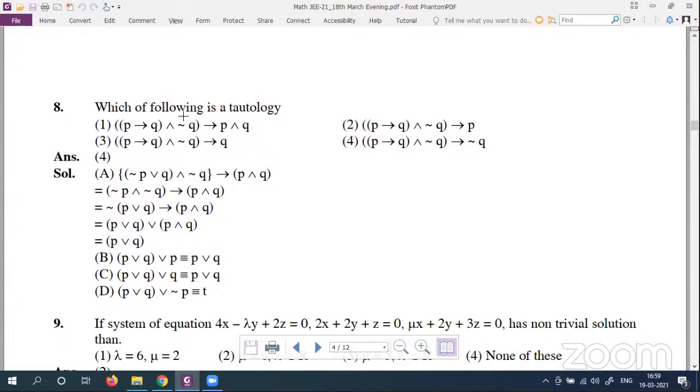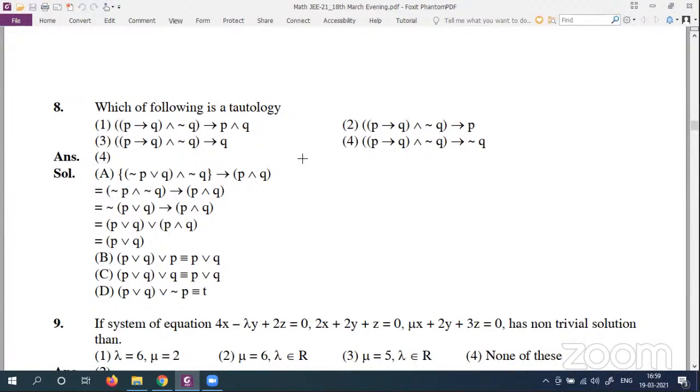Which of the following is a tautology? So here we have to verify all the options one by one. One way is by using the properties that we have, or else one more method is by using truth tables. So you can use both the methods.